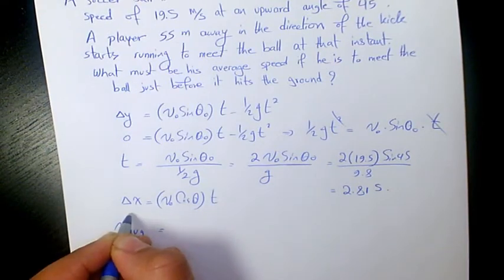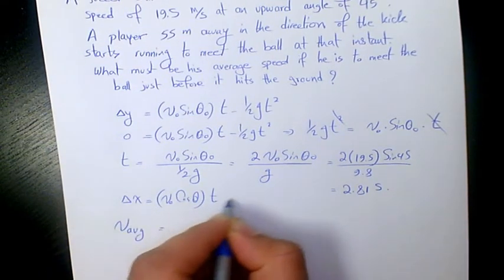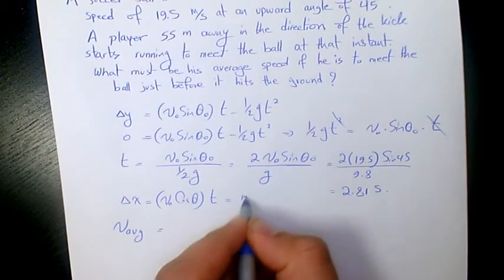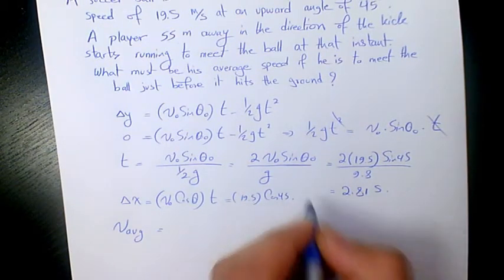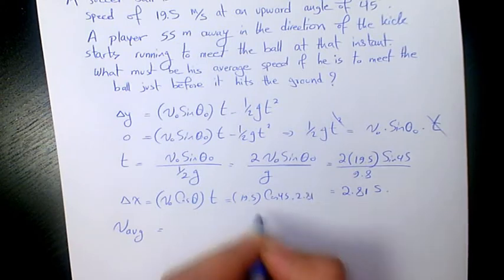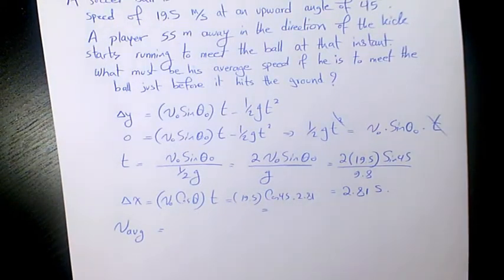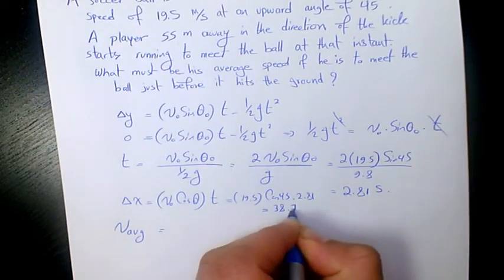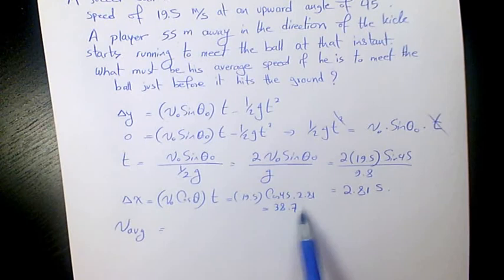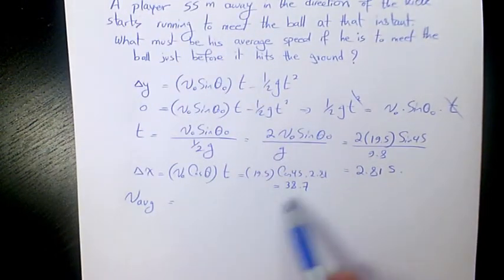So it means that the location is 19.5 cosine 45 times 2.81. That will give me 38.7. So that's going to be the horizontal distance the ball traveled.